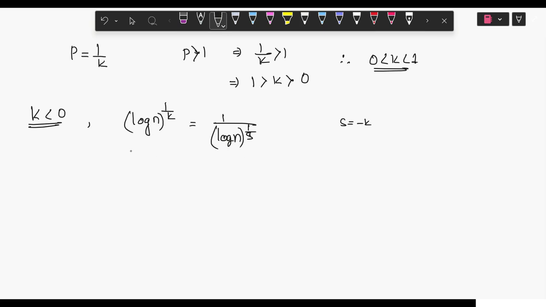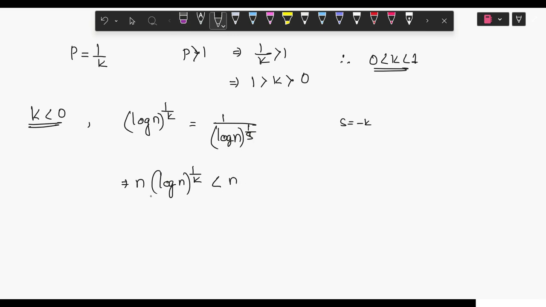So n into log n is whole to the power 1 by k means we are dividing n by some quantity, so this is lesser than n.